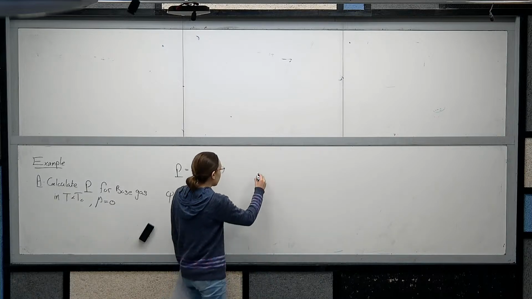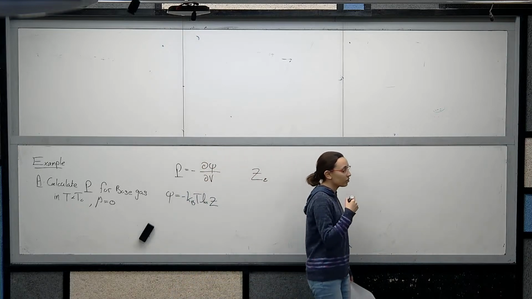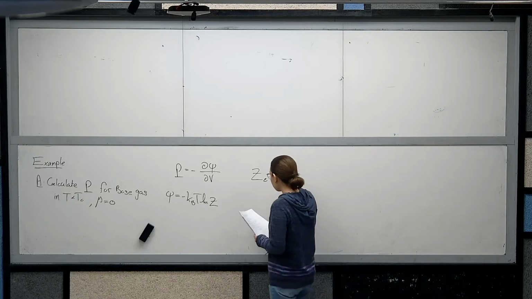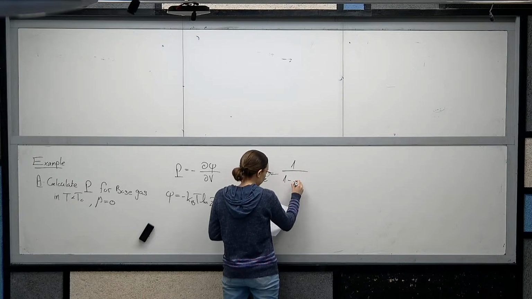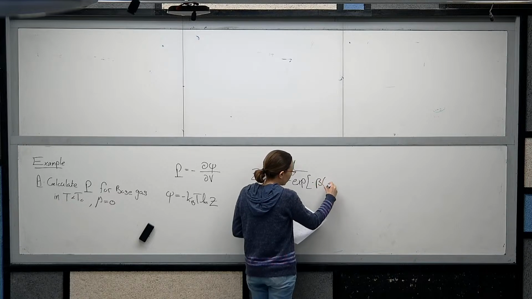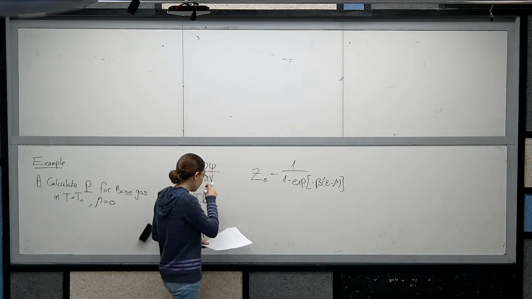So a partition function for one energy level in Bose gas equals 1 over 1 minus exponent of minus beta (epsilon minus mu).